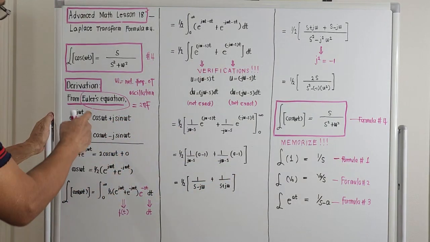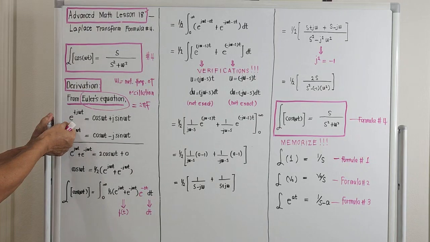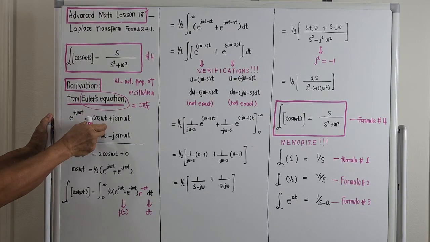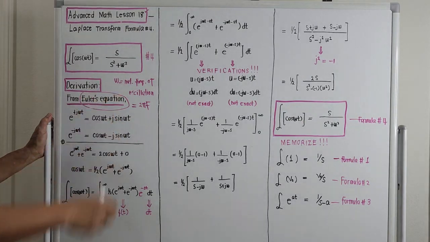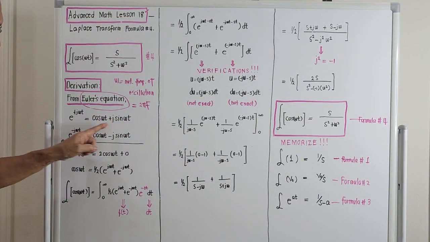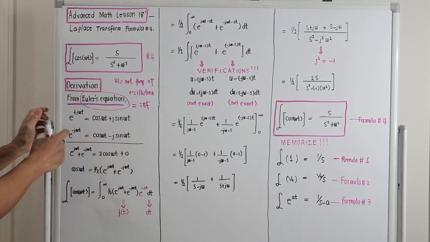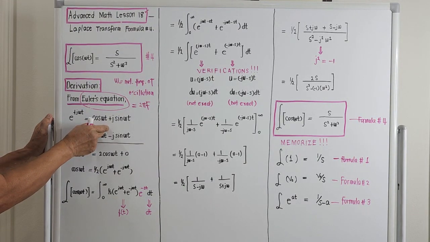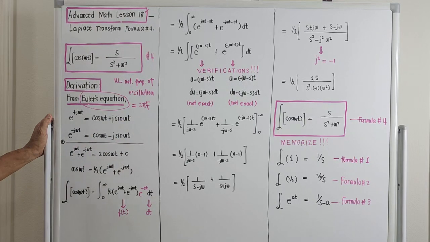Okay, for Euler's equation, e raised to plus j omega t is cosine of omega t plus j sine of omega t. This is the real part, this is the imaginary part. Meaning, e raised to plus j omega t will be cosine of omega t plus j sine of omega t.